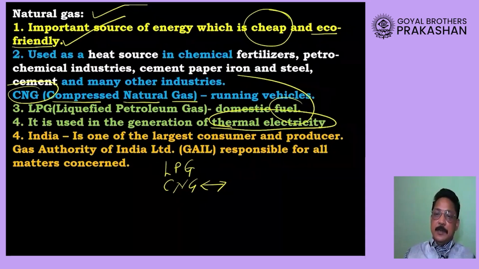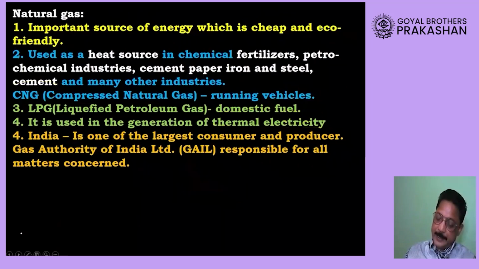Please remember, our country is one of the largest producers as well as consumers of natural gas, and there is one government body, dear students, called GAIL, that is Gas Authority of India Limited. So what do they do?